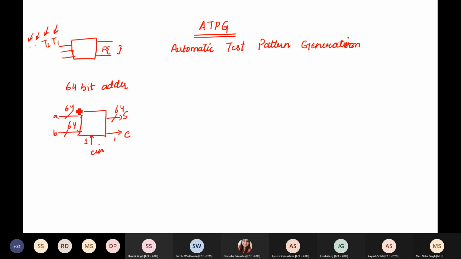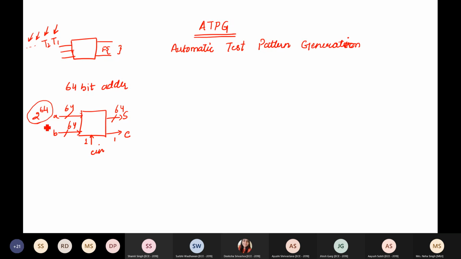If I have 64-bit lines here, then 2 to the power 64 will be the possible cases. Is it so? अगर मेरे पास 64-bit adder है, then I will have 2 to the power 64 test patterns.